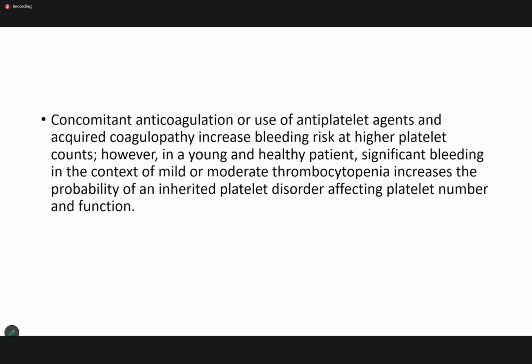A concomitant anticoagulant, use of antiplatelet agents, and acquired coagulopathy increase bleeding risk even at a high platelet count. However, in a young and healthy patient, significant bleeding in the context of mild or moderate thrombocytopenia increases the probability of an inherited platelet disorder affecting platelet number and function. You need to think about this possibility as well.